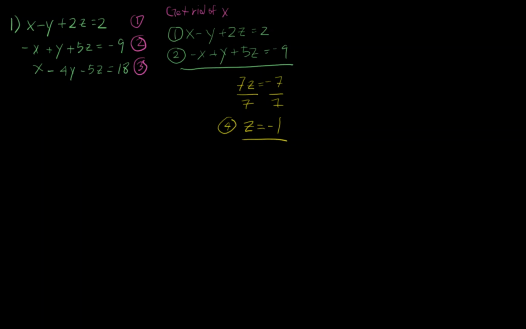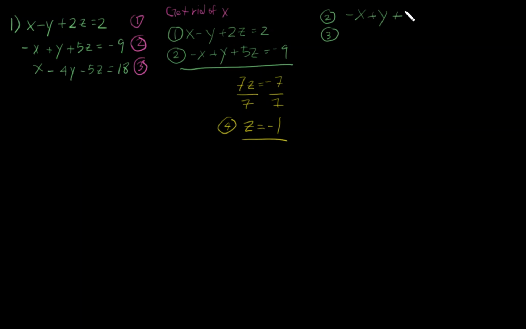Then I'm going to combine two other equations. I don't want to do 1 and 3 because they have the same signs here, so I am going to do 2 and 3. We have a negative x. Our plan of attack was to get rid of x, and we're going to keep that plan.